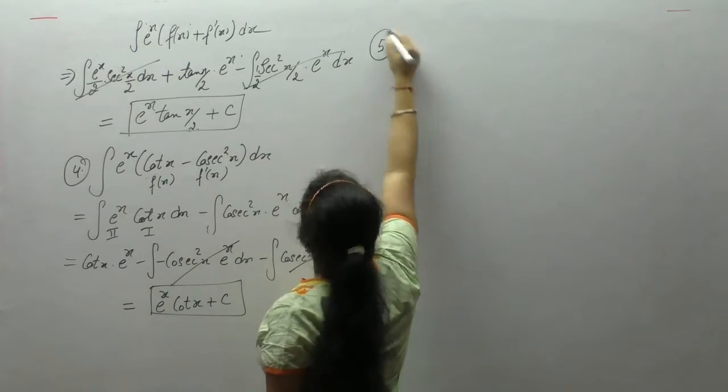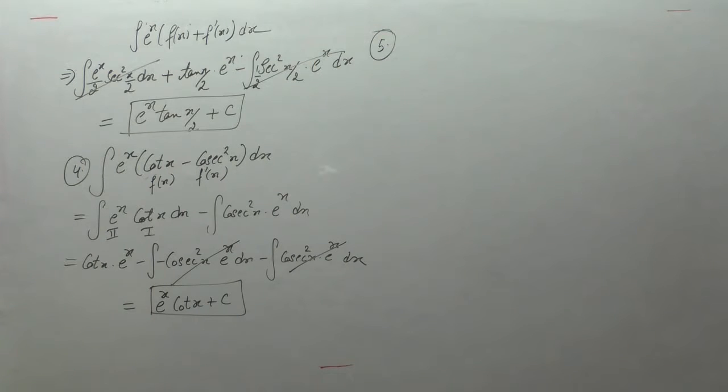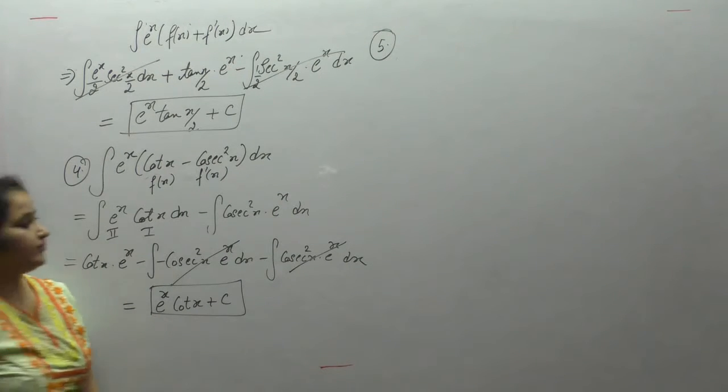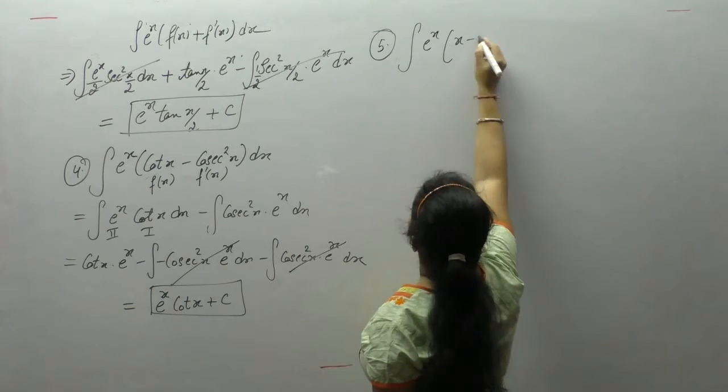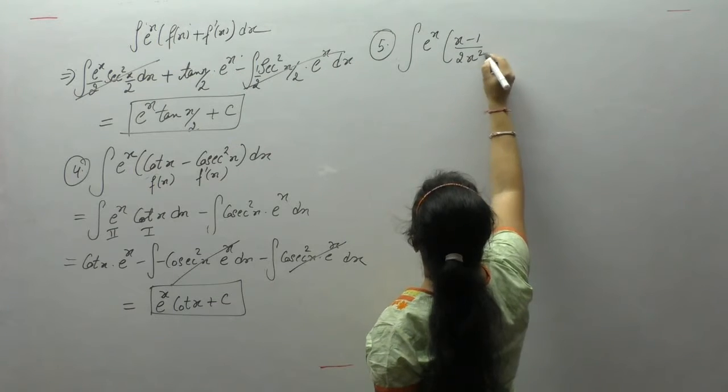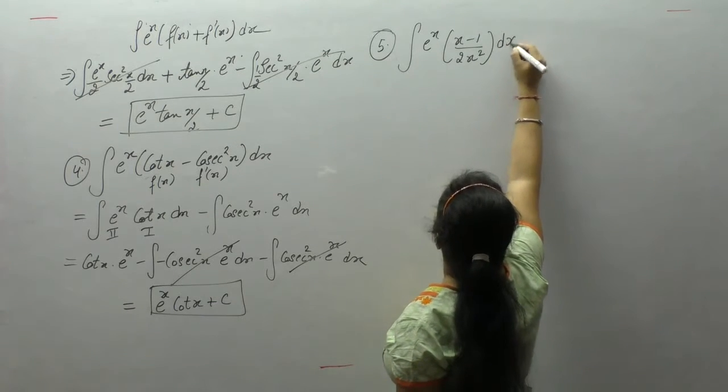Next question is integral of e^x (x minus 1) upon 2x squared dx.